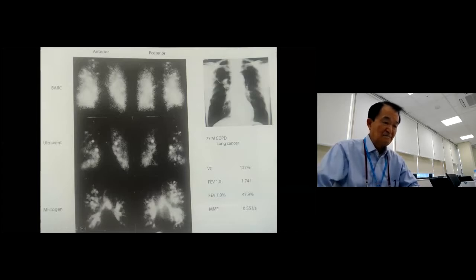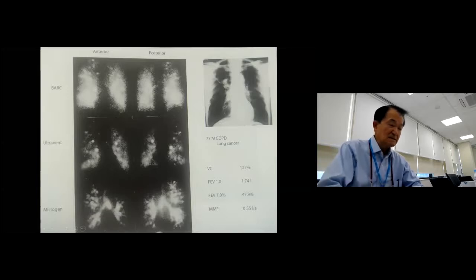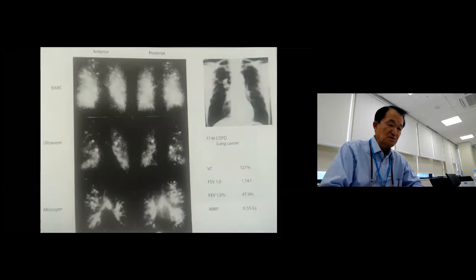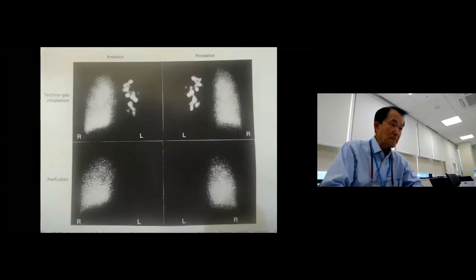In this case, FEV1 is barely above 1. That's not good. So they cannot remove any lung tissue in this kind of patient. Okay, it's the technique gas for ventilatory study. You have some ventilation here, nothing on the left side.